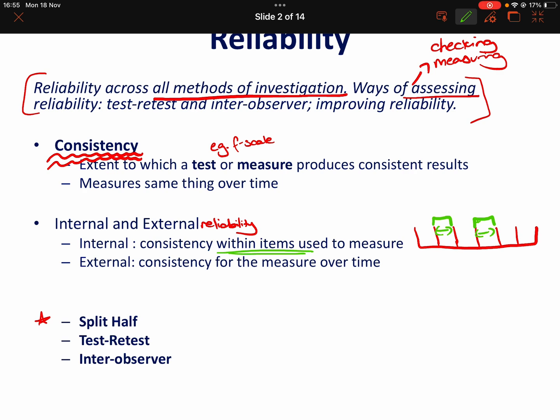In terms of a questionnaire, do all of the items within that questionnaire measure the exact same construct? Are they all consistent in what they're measuring?